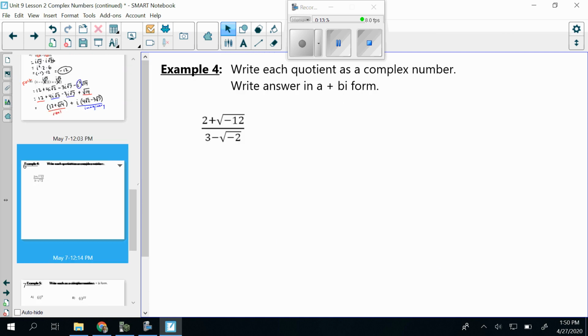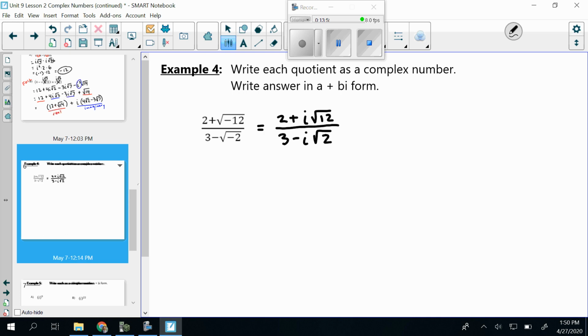All right, next one here, write this in complex form. So first thing, let's write our two square roots of negatives there with our I notation. So this would be 2 plus, we'll take that negative out and write it as I. Let's do the same thing on bottom. We got 3 minus I square root of 2.